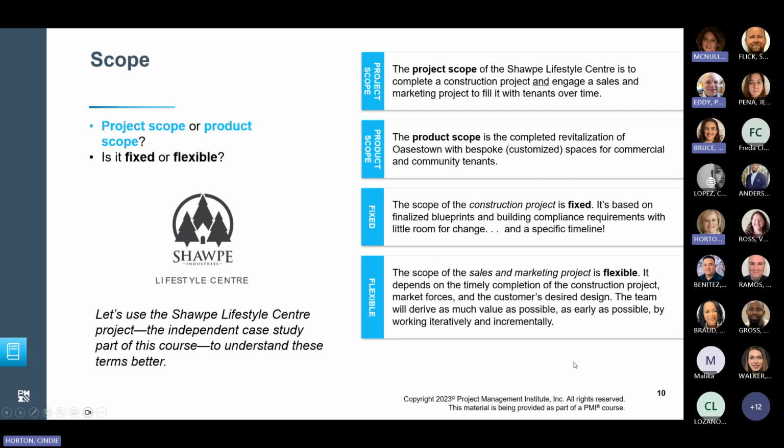The scope of the sales and marketing project, however, has some flexibility to it. It depends on the timely completion of that construction project, market forces, and the customer's desired design. The team will derive as much value as possible, as early as possible, by working iteratively and incrementally.